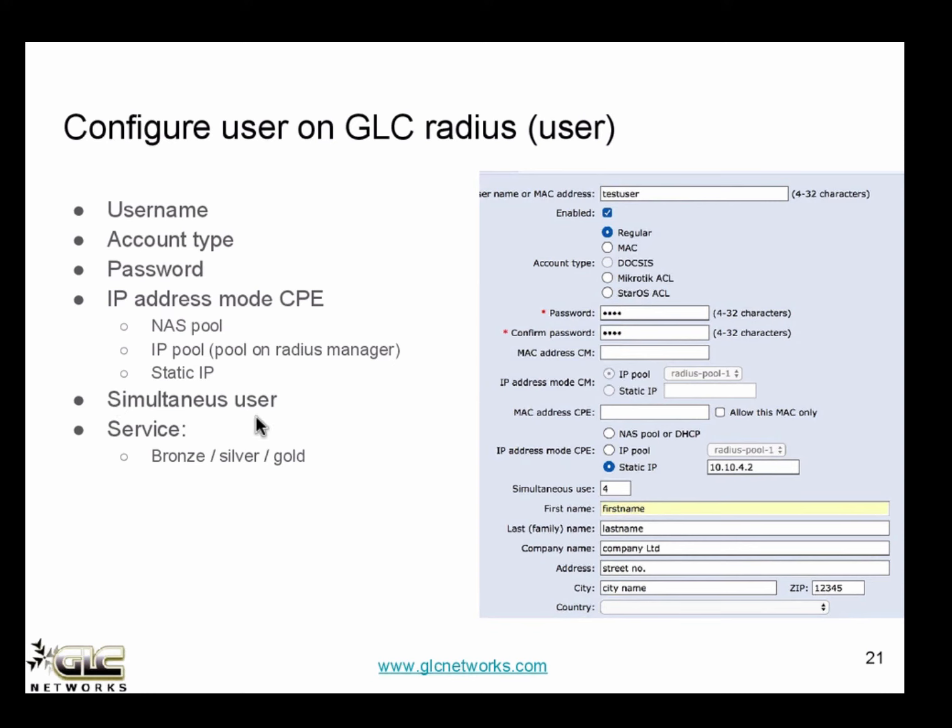Next is simultaneous use. For example, if you use hotspot, one account in hotspot can be used for many devices, right? One for a laptop, the second for a smartphone, the third for, for example, a tablet, and then other equipment.